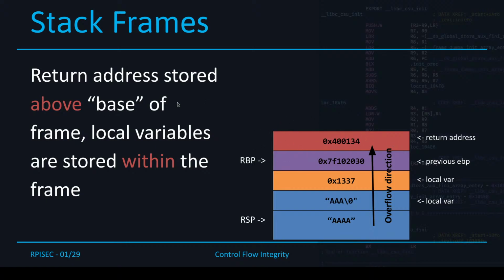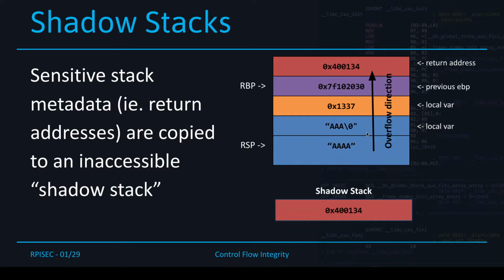It's going to be at the base of that stack frame. And then these local variables are going to be within that stack frame. So as you start reading into these local variables, you're going to be flowing up into that return address, and you can actually overwrite that return address. And so then all of a sudden, instead of being this valid address to return to, this valid code, suddenly you can corrupt that and you can make that whatever you want.